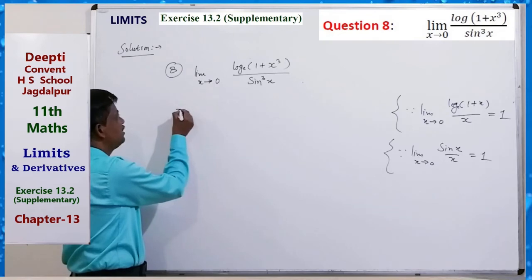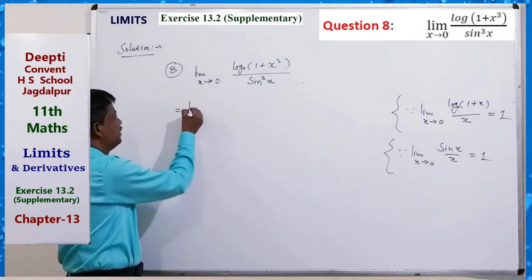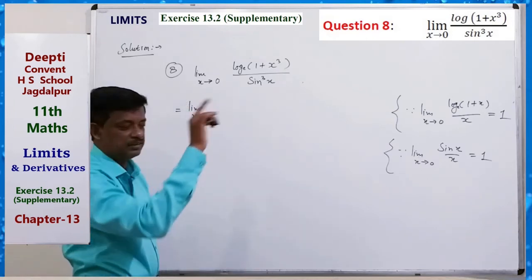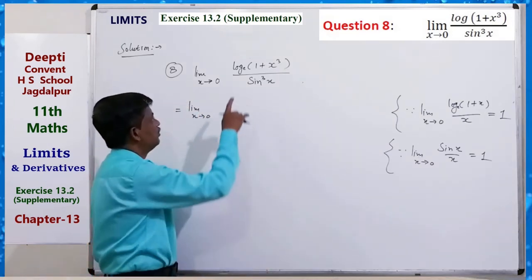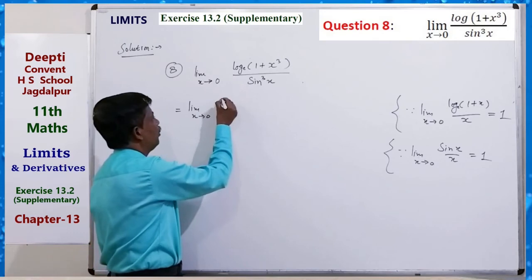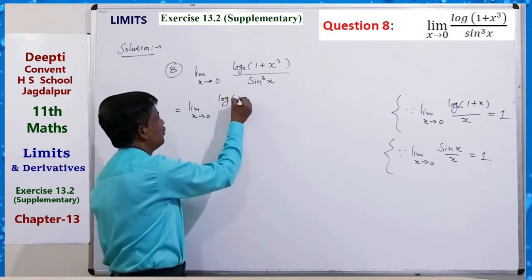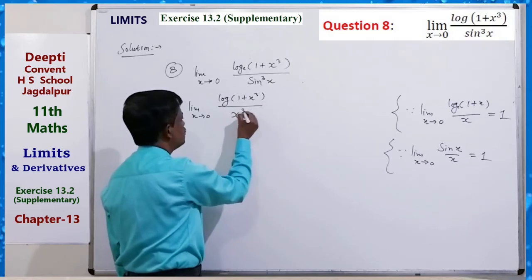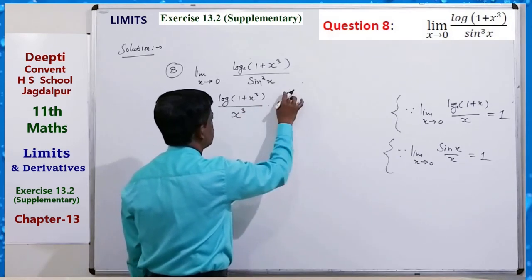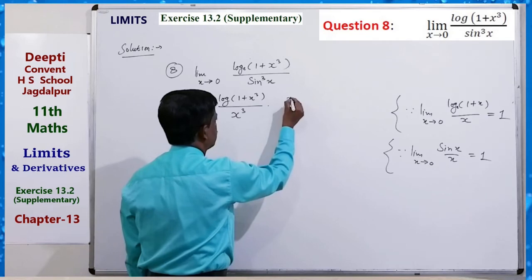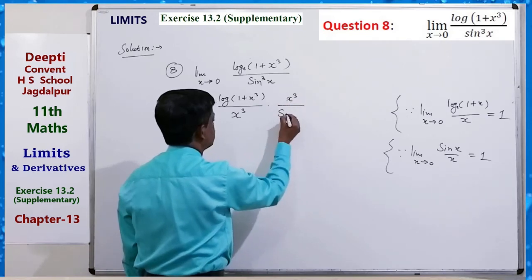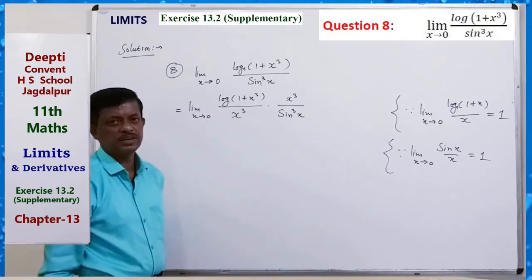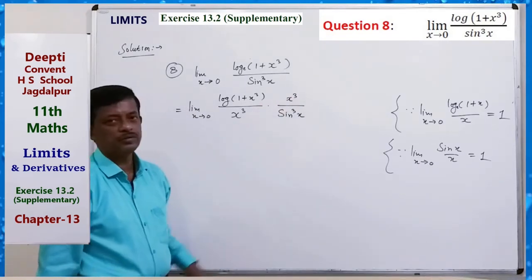Now here see that, limit x tending to 0, just convert in terms of standard form. So log of (1 plus x cube) upon x cube into x cube upon sine cube x. We can write like this, just multiplying by x cube in numerator and denominator.